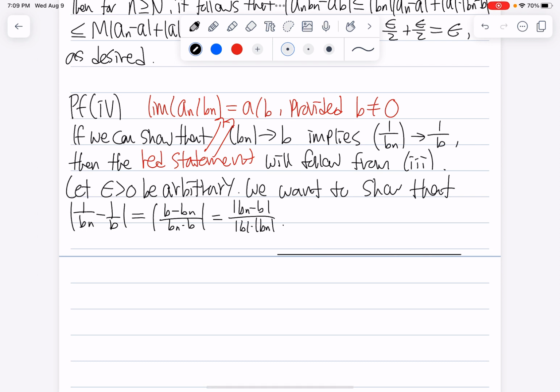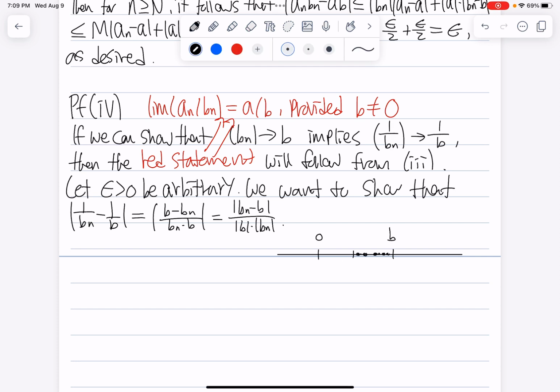So let's say this is the limit b and 0. So we want to look far enough along the sequence such that each term of the sequence is going to be closer to b than it is to 0.